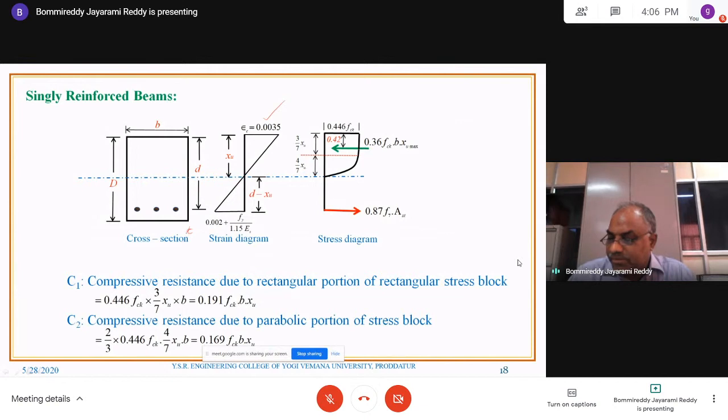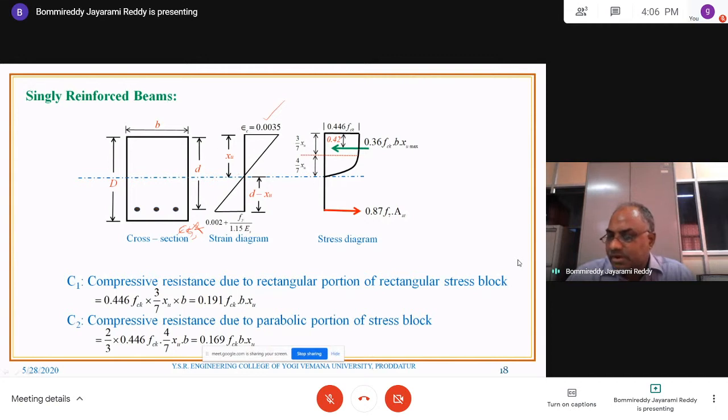And what is one more assumption? The strain in steel, epsilon s, should not be less than 0.002 plus Fy by 1.15 Es. Just now you have seen this is another assumption.